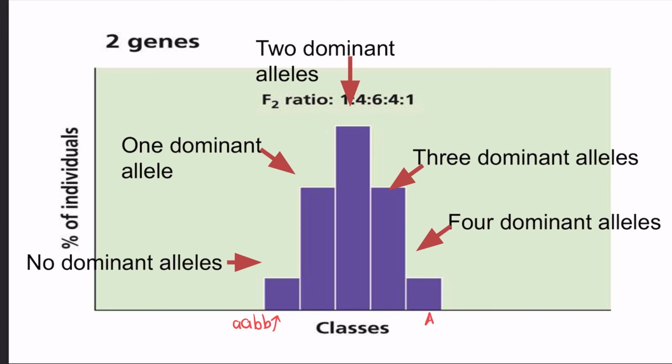The possibility of having all dominant alleles is less frequent. What's most frequent would be to have 2 dominant alleles. Having 3 would be slightly less frequent than that. Having 1 would be slightly less frequent than that. And so what we're trying to show you is that there's that bell curve.